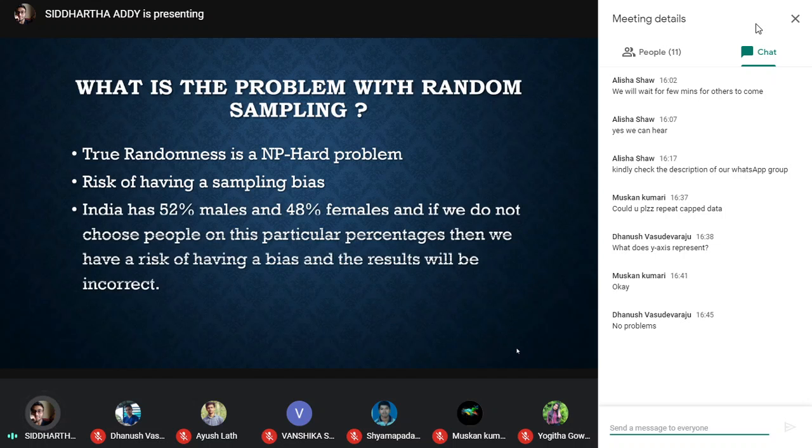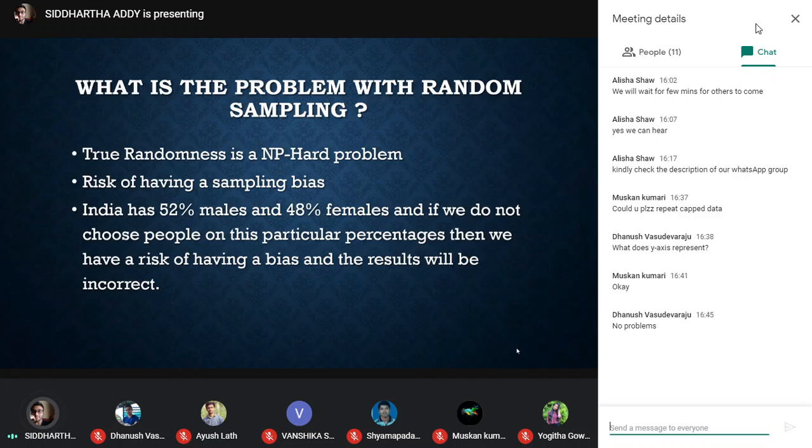India has 52% males and 48% females, and if we do not choose people according to this percentage, we will have a risk of having a bias, and the results will be incorrect.